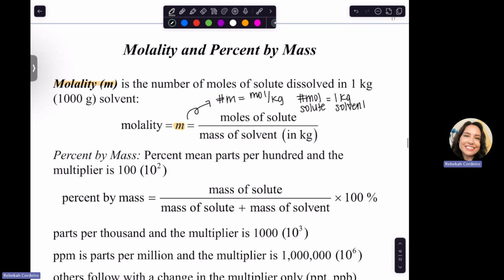Now, this is measuring the solvent, not the solution. This is sometimes easier in lab because it's like, I don't want to use a volumetric flask. Maybe I just want to weigh out the water and weigh out the salt and then put them together. I'm not concerned with how much space it takes up at the end. Maybe I just need to weigh them both. And that's my molality.